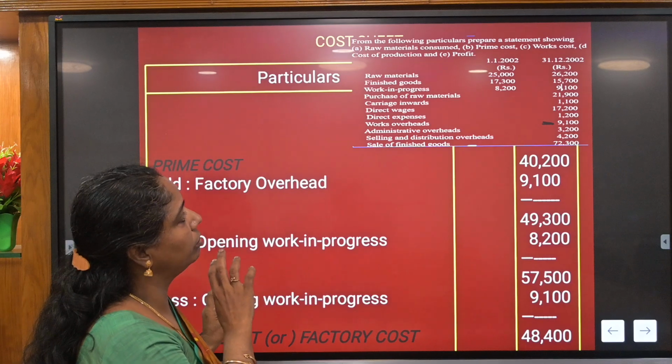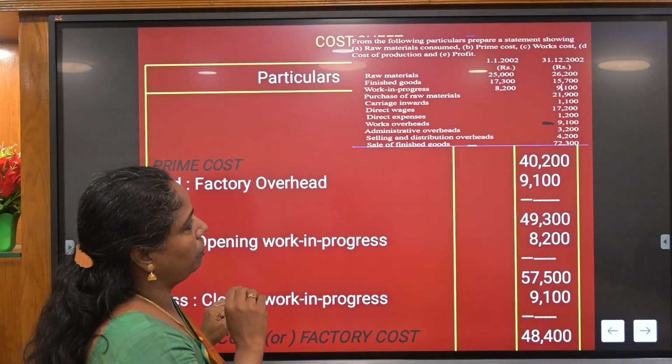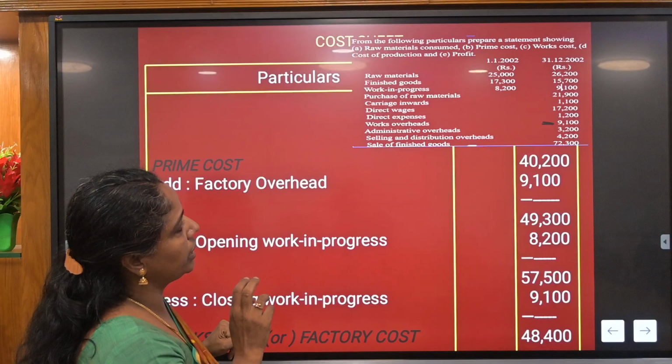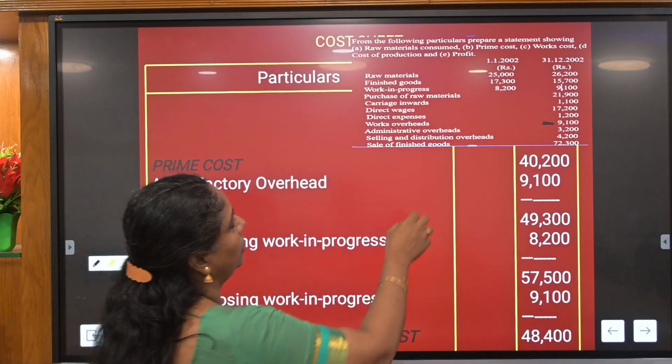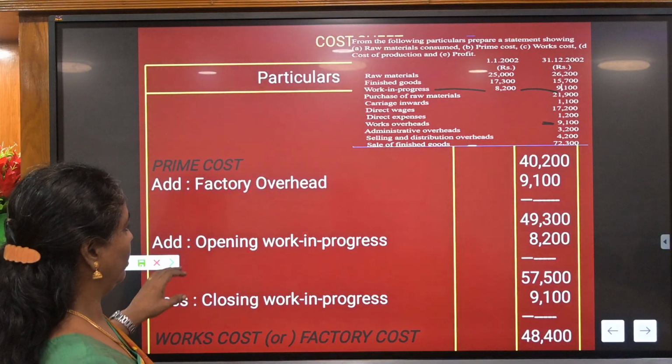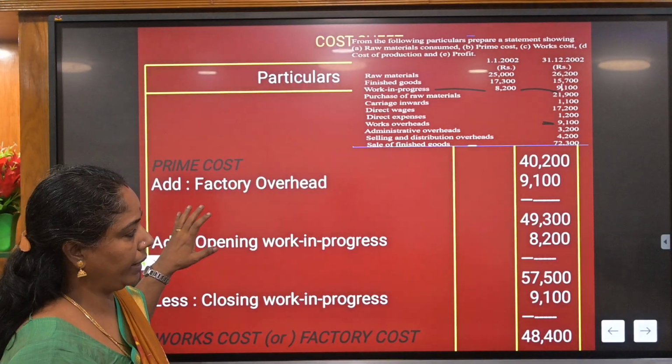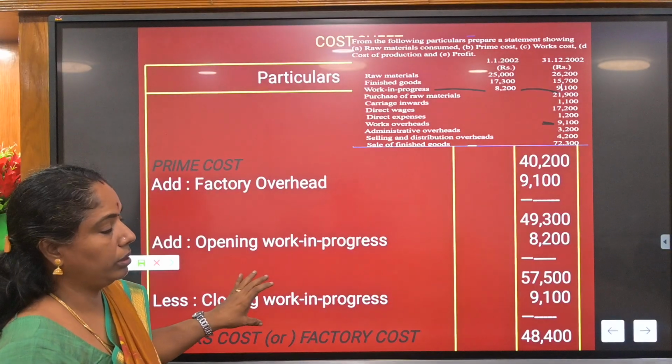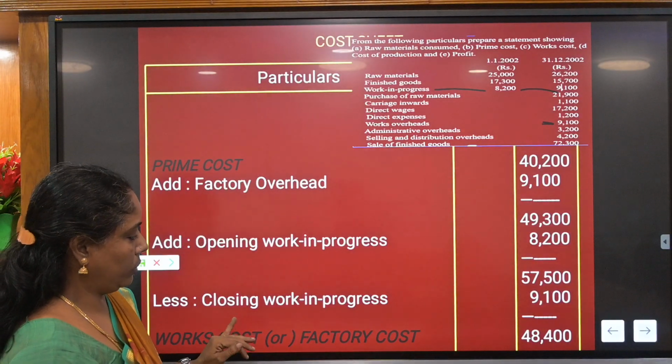Yes, we have work in progress. Opening work in progress is 8,200 and closing work in progress is 9,100. So the opening we should add with factory cost and the closing we should subtract.